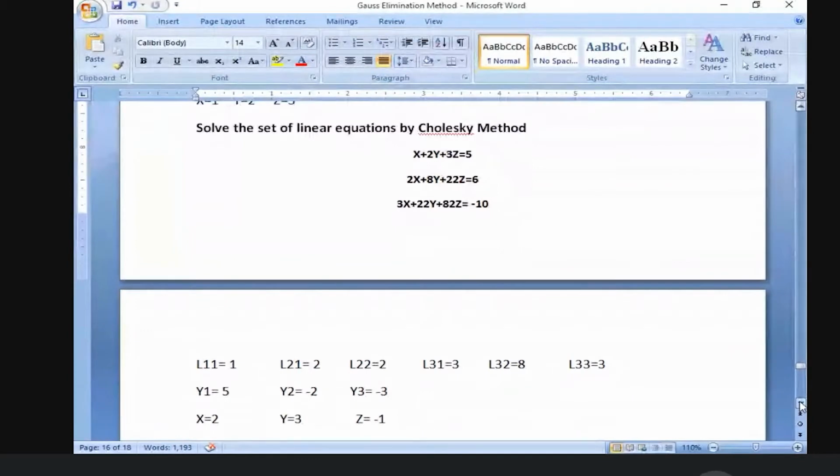Number 4, Tanmay. 5, minus 2, minus 3. And values of x. So Vamsi, then Devansh.